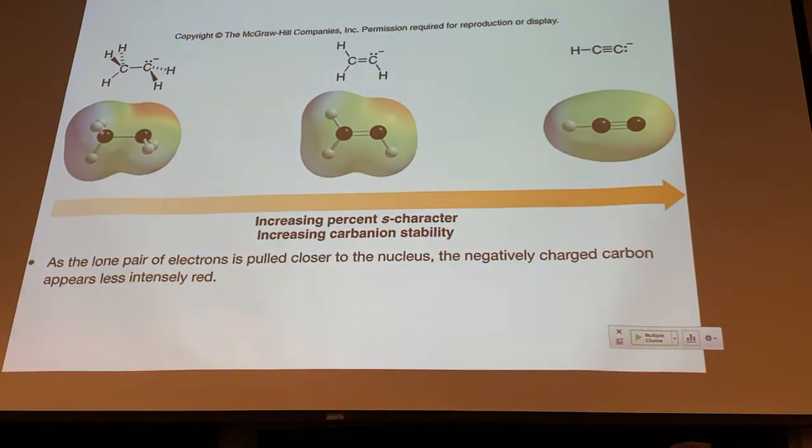Which of these three compounds has the strongest carbon-hydrogen bond? Okay, you say the first one, the one on the right or left. Why?